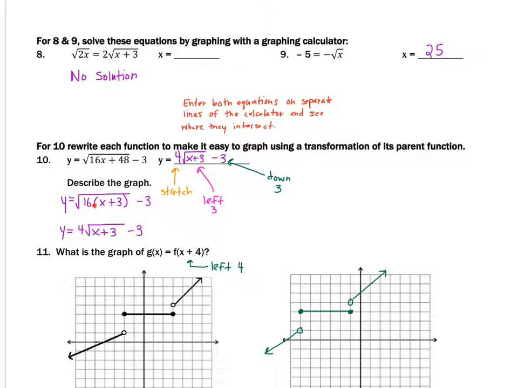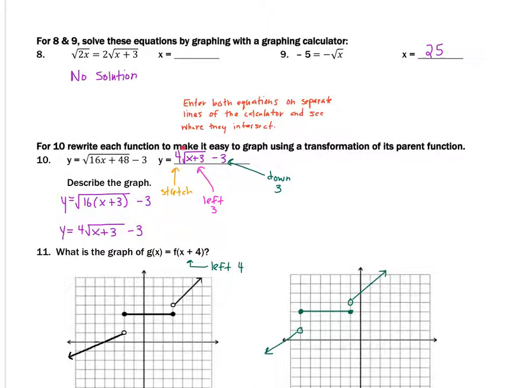Now, we can take the square root of the 16, so it comes out of the square root as 4. X plus 3 we cannot take the square root of, so it stays under the square root as our x plus 3. And our minus 3 just carries on down. So now that we have it in this form, we can describe what happens. The 4 in front is a stretch.